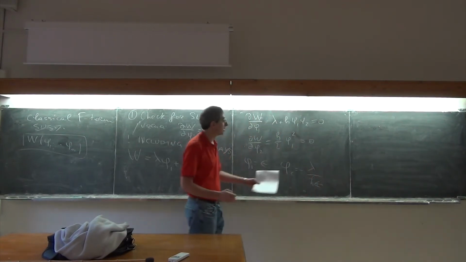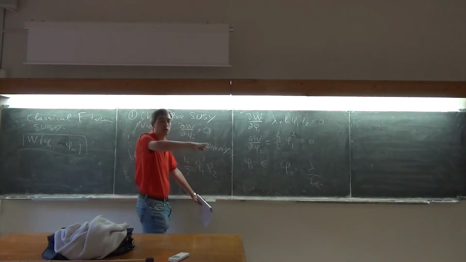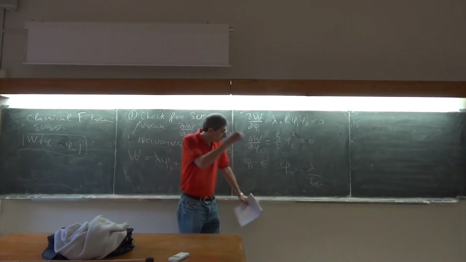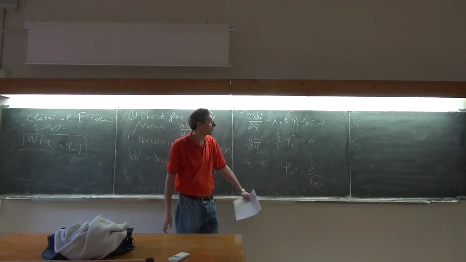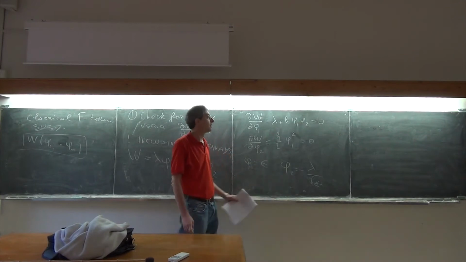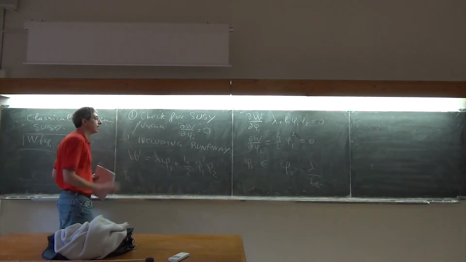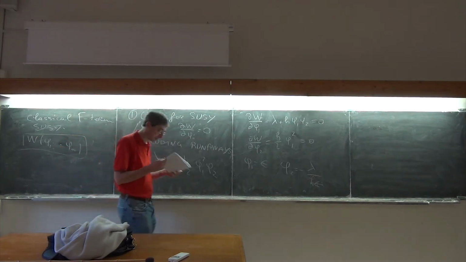So phi2 gets arbitrarily big, phi1 gets arbitrarily small, and in the complex space of configurations, you get a runaway solution. So you've got to be careful about these things. This is the caveat that sometimes is missed.